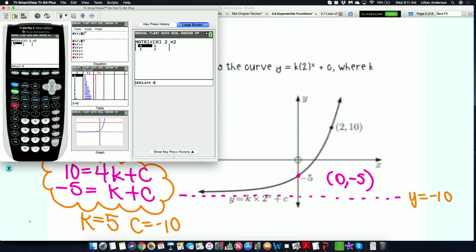Then second x to the -1 again, you go to matrix B. That's where you type in the right side. So 2 by 1, that's 10 and -5. Remember, this is when you have to do matrix A to the -1 times matrix B. And you get the same thing.